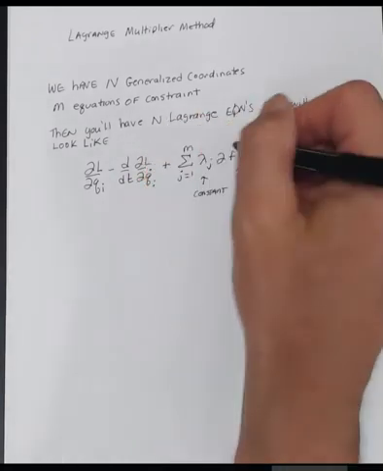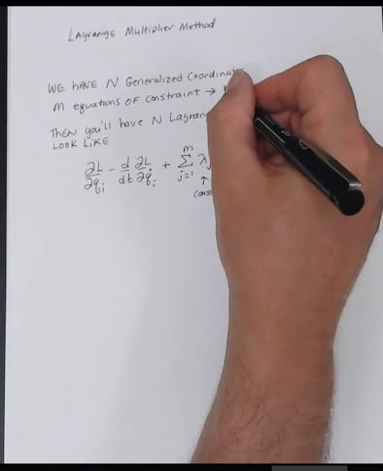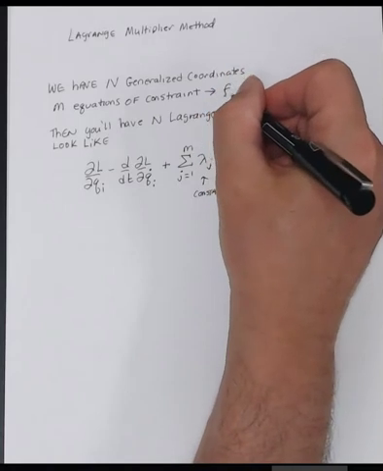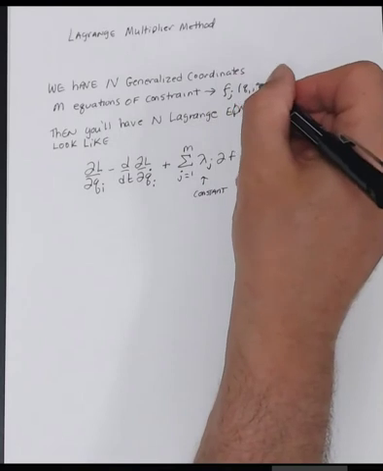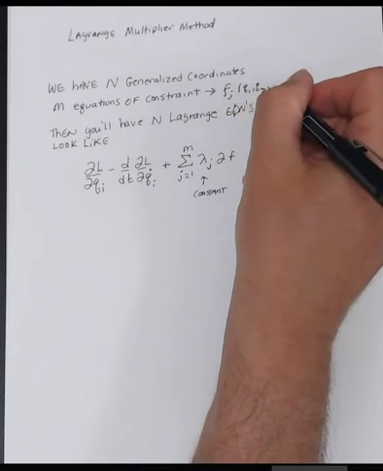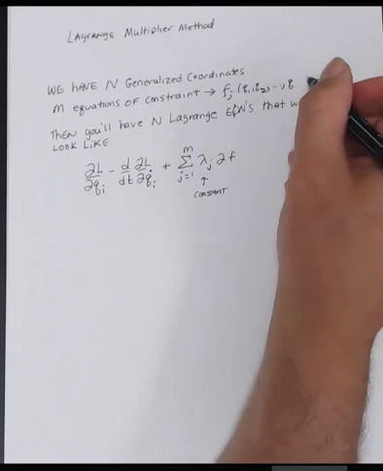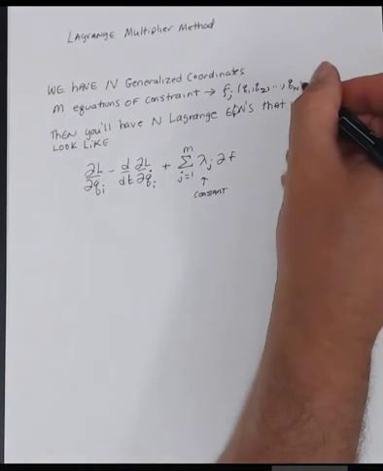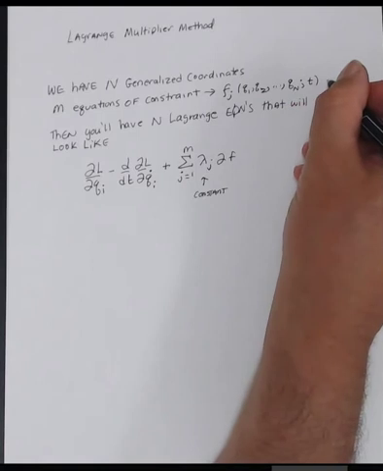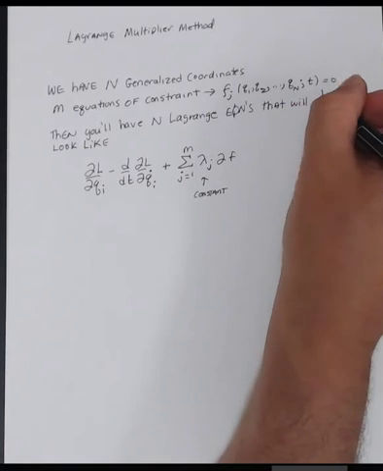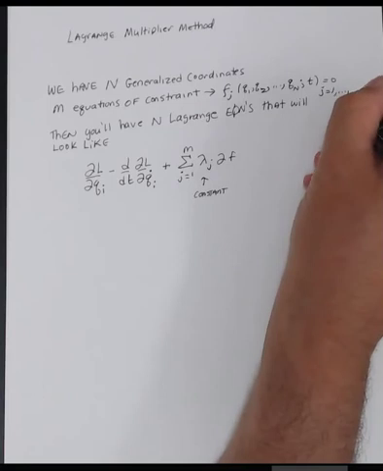So f is an equation of constraint. I should write that up here. We have f_j(q1, q2, ..., qn, t) equals 0, with j equals 1 to m.